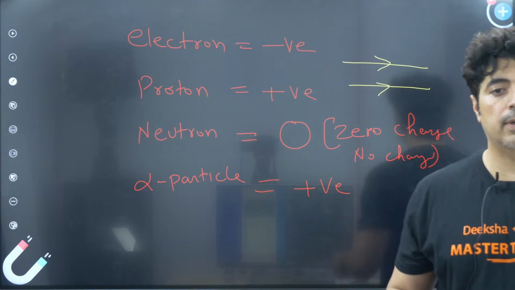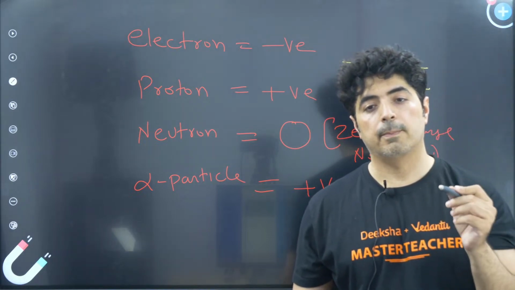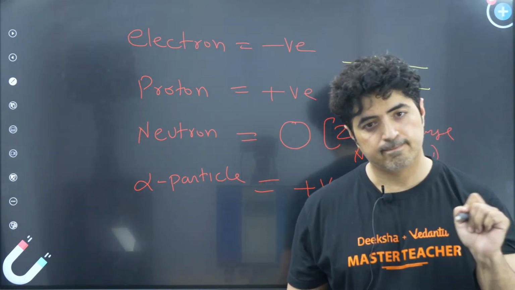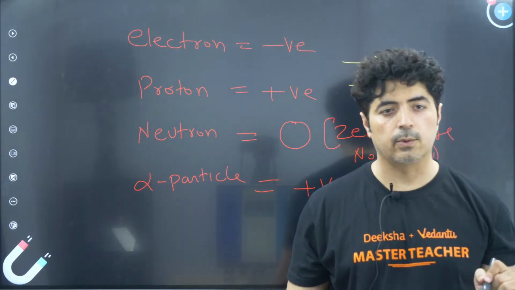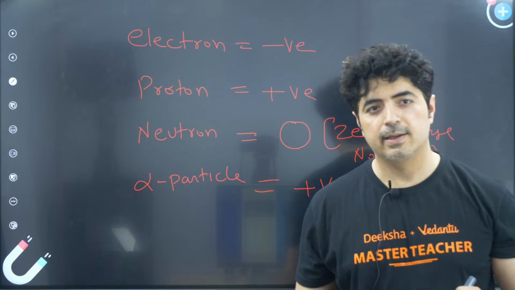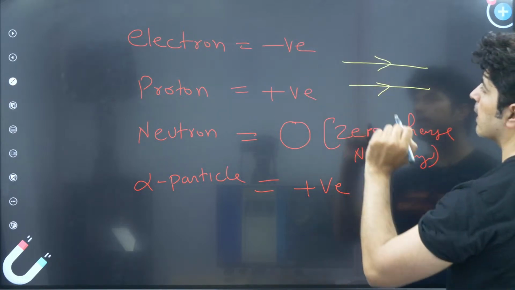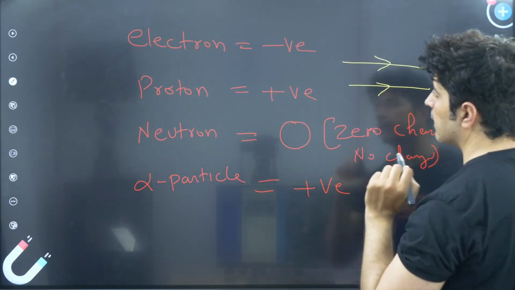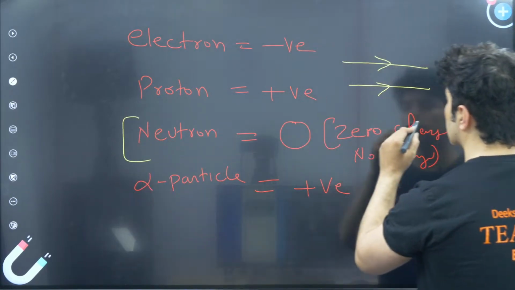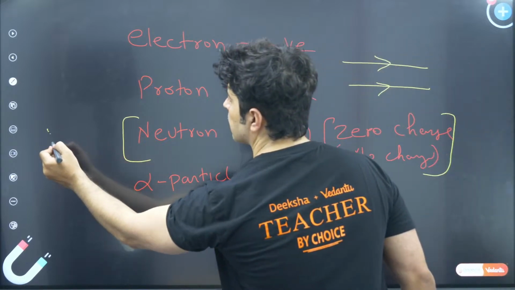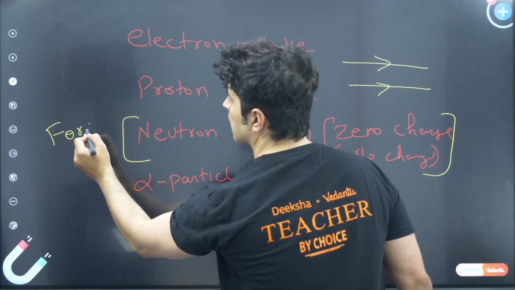Please take your notebook, pen, paper, note this thing down. This is important. So electron negative charge, proton positive, alpha particle positive, neutron zero. When neutron has no charge, no matter how it moves, force will be zero.